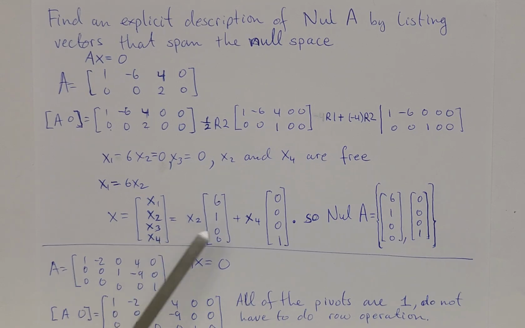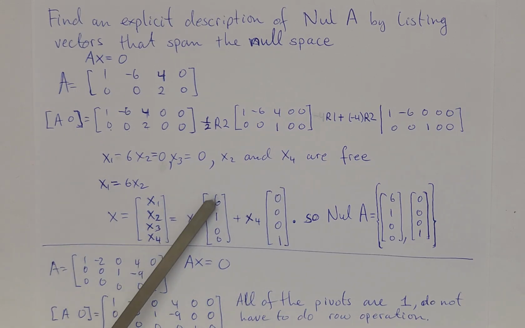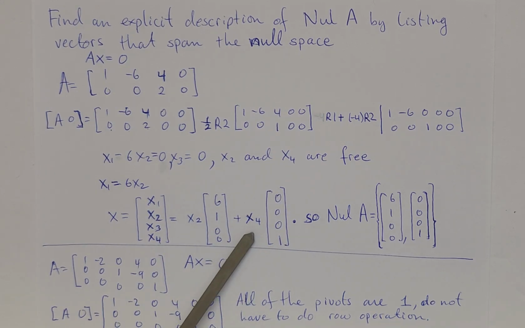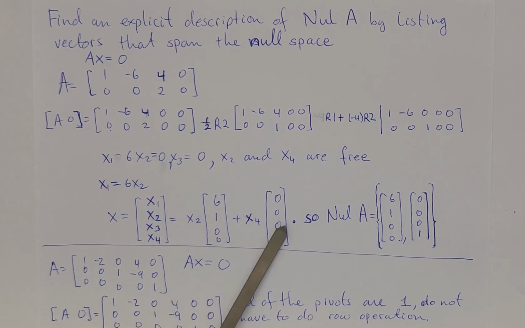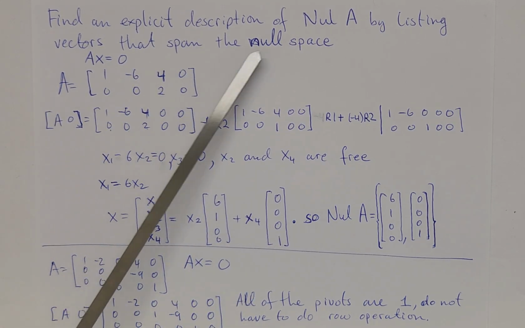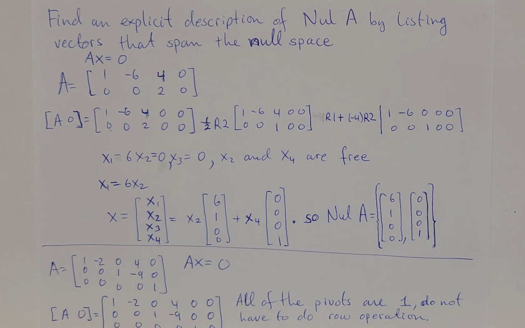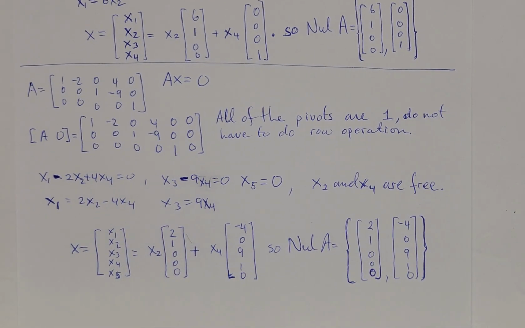Do row operations, and then after that, list out the terms: put all the terms belonging to x2, put all the terms belonging to x4. And that will be our vectors of x that span the null space. Okay, so that's the first example. The second example is the same thing.